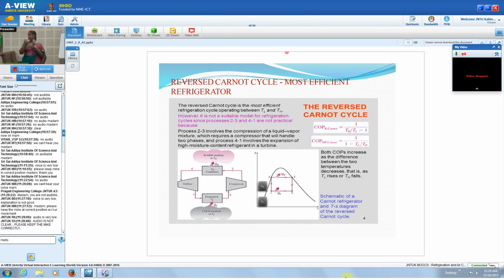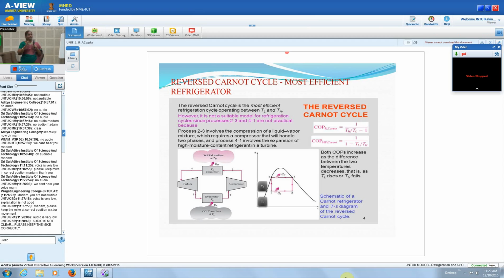COP increases. Similarly, if TH decreases, COP also increases, because TL is in the numerator and also in the denominator. So TL has more significance compared with that of TH.